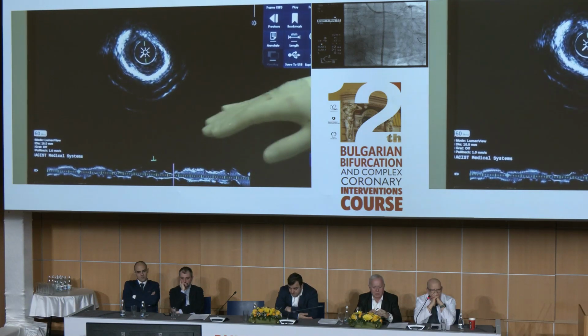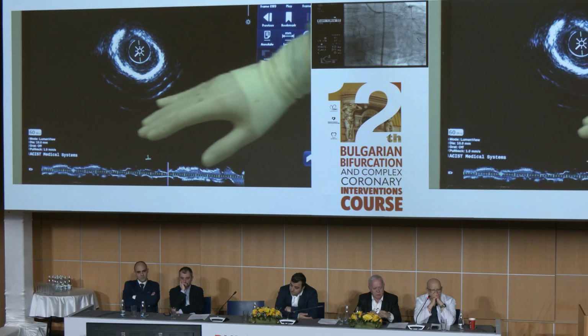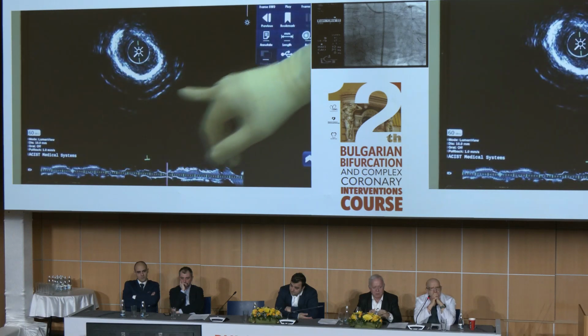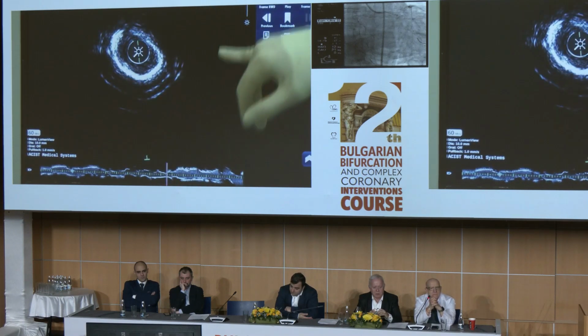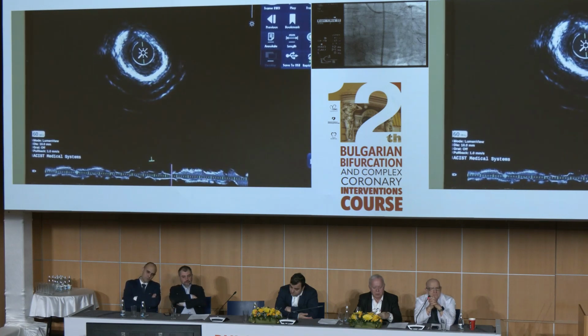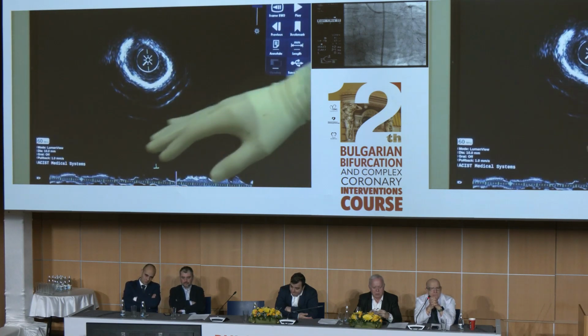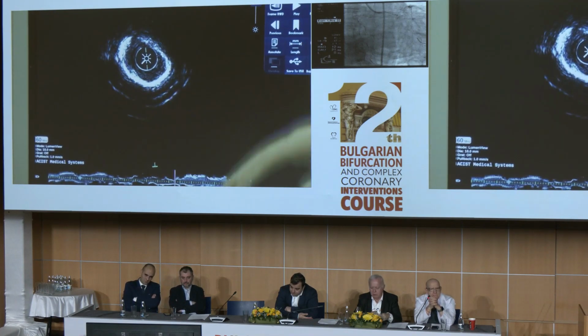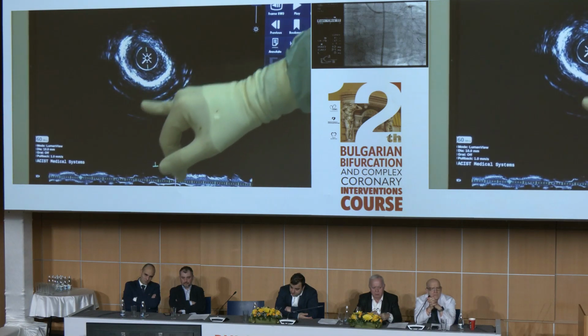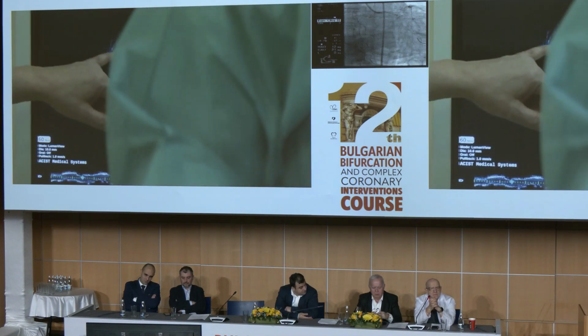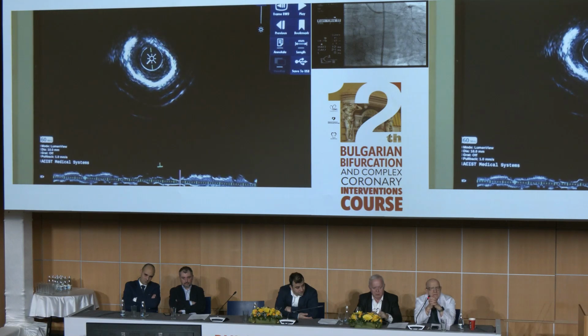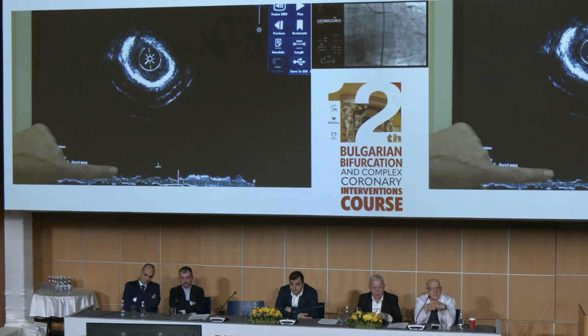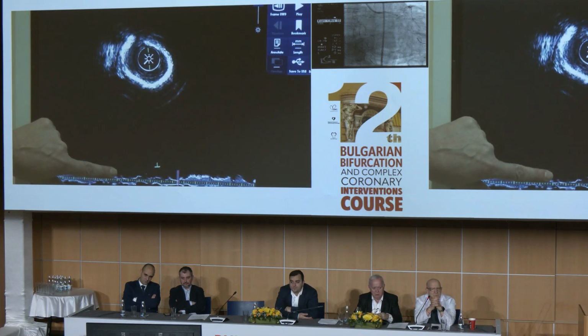This is a very good demonstration of these reverberations which you see, these semicircles here. These are reverberations which are a clear mark that the calcium is only here, because there is some tissue between the catheter and the calcium. But anyway, rotablation is an option.